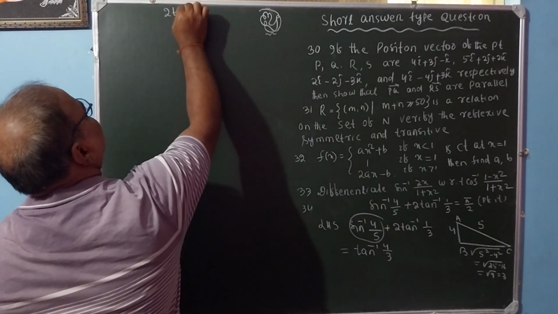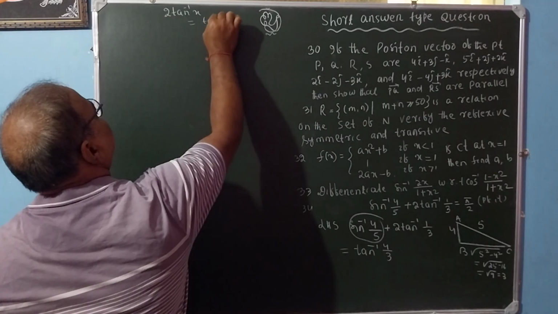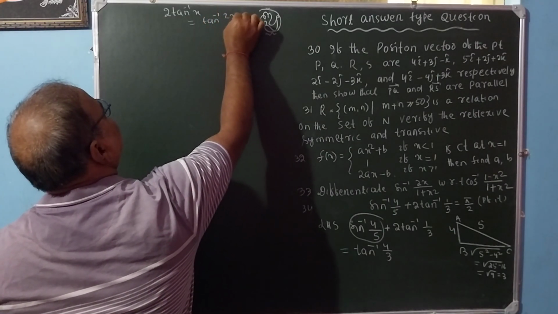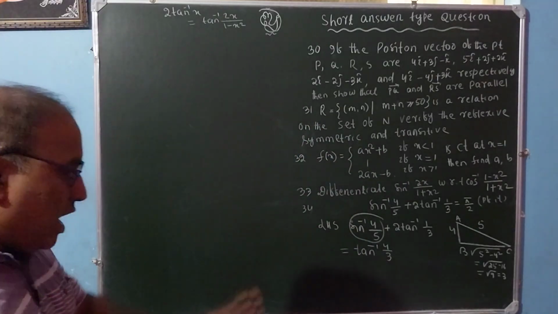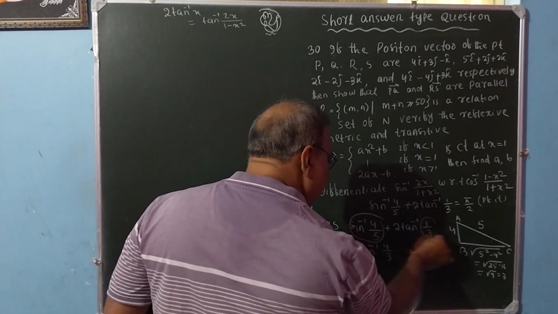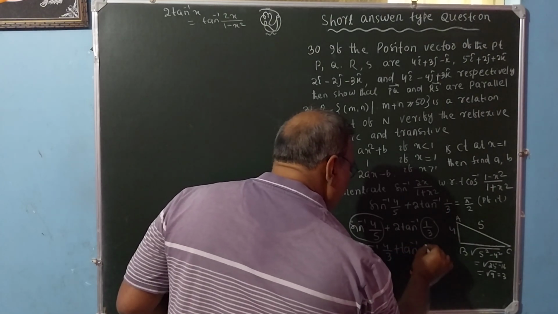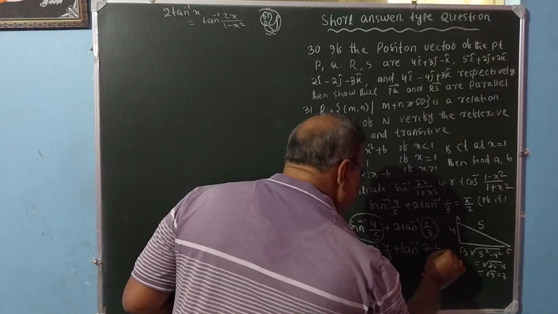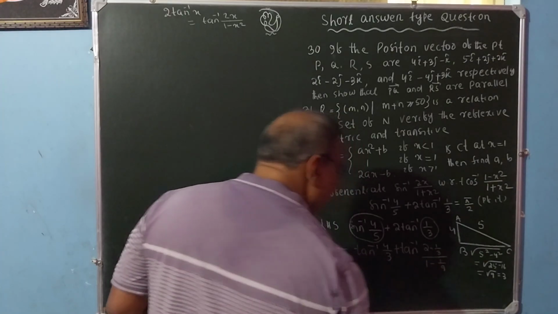We know 2 tan inverse x, that is one formula: 2 tan inverse x is equal to tan inverse 2x divided by 1 minus x square. This is one formula you have already known. So applying it, tan inverse 2 into 1 by 3 divided by 1 minus 1 by 9.